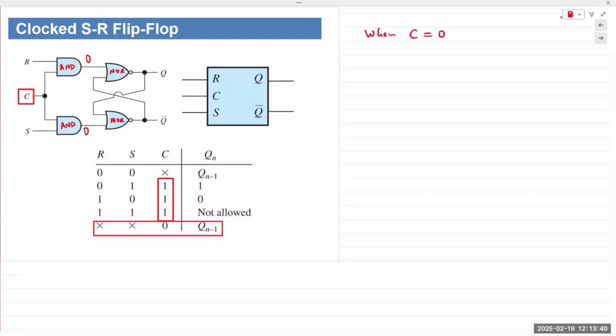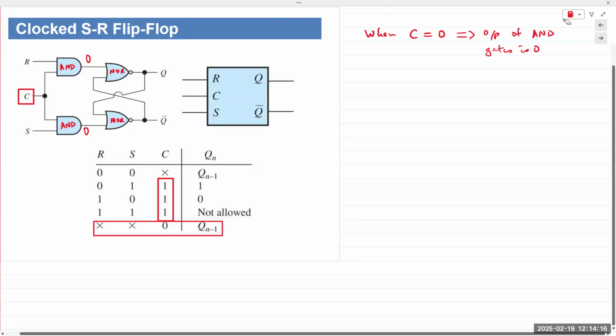So when the clock is equal to 0, the output of the AND gates is 0, no matter what your inputs R and S are. And so the AND gate outputs are 0, which is being fed into the SR flip-flop.